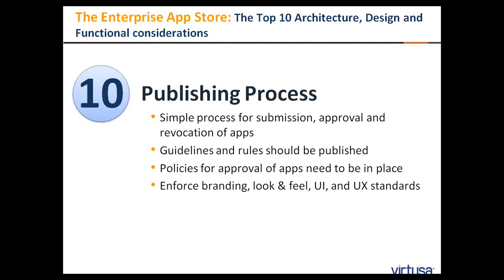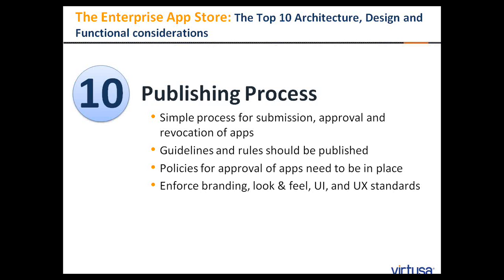One thing I need to mention here, since we have come to the last point, is that these key considerations, number 1 through number 10 that we talked about, are not in any order. It's not that the publishing process is less important than authentication or security or any of the other 9 key considerations. This is just an unsorted list, and it's not based on importance.